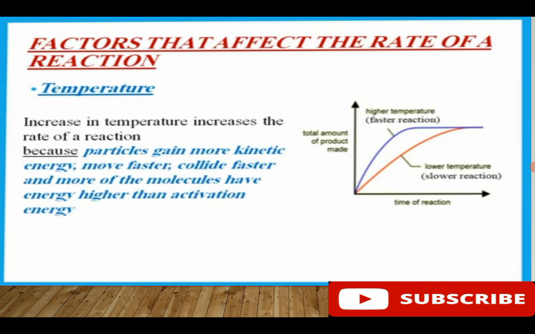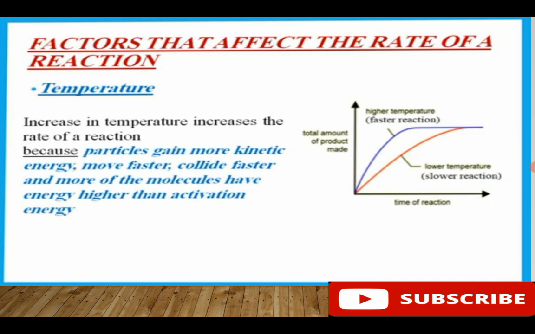So it is not enough to simply say that an increase in temperature increases the rate of reaction. You have to say why. So I've put the reason in blue as to why temperature causes an increase in rate of reaction. The reason is that particles gain more kinetic energy. When you heat the reactants, the particles gain more kinetic energy.